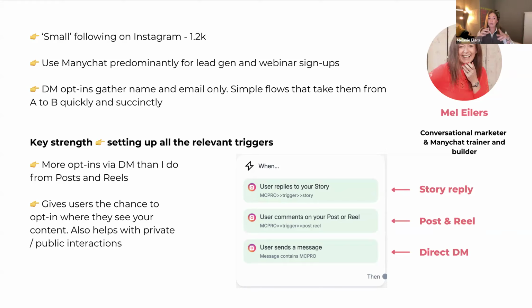Number two, really important reason as well, I believe, it also helps with public versus private interactions. Now, we are seeing a lot more people wanting to engage privately with brands via the DMs.